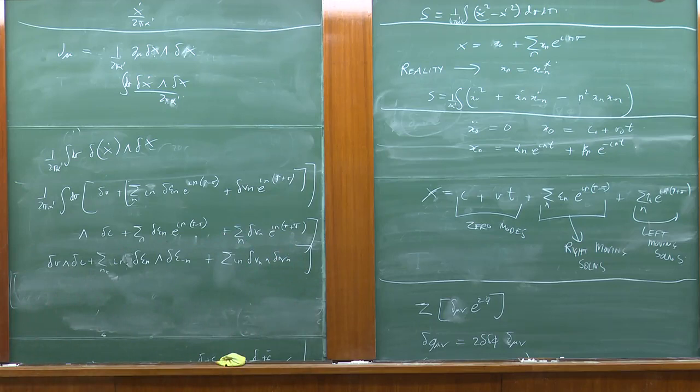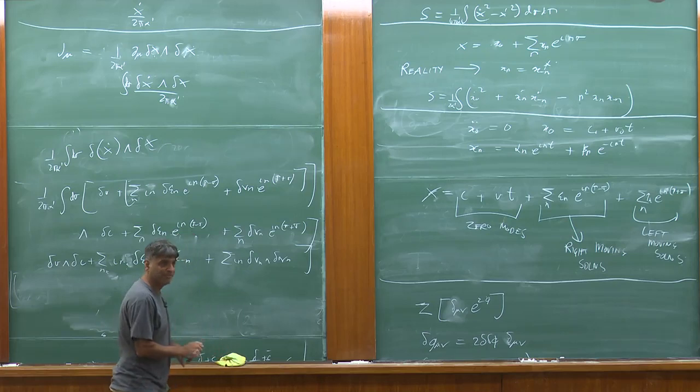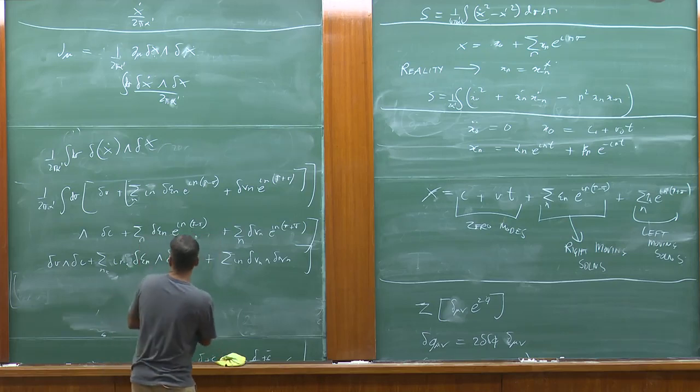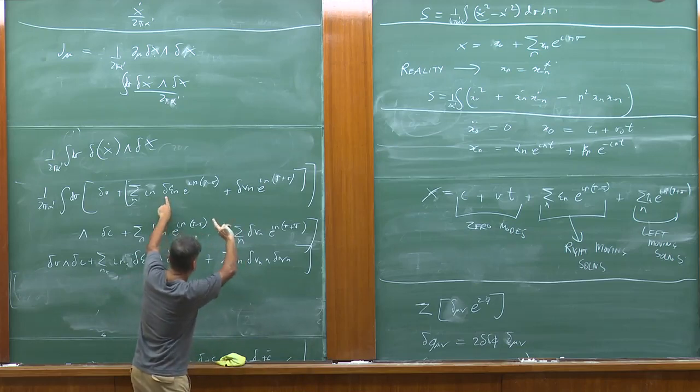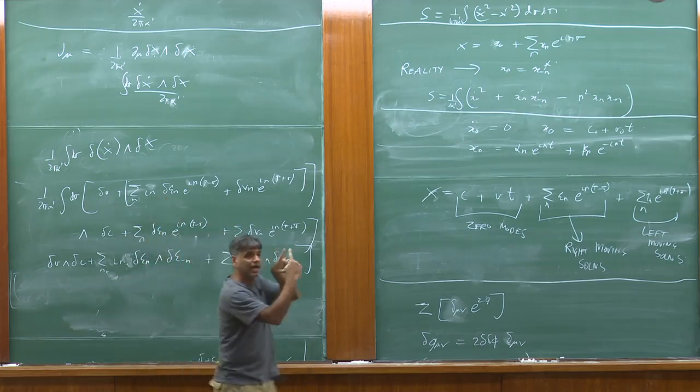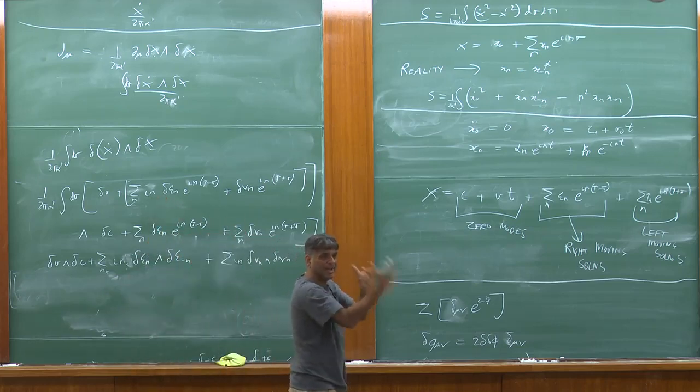And then there are the left movers with right movers and right movers with left movers. Here, when we work it out, it's going to cancel because of the antisymmetry of this wedge.